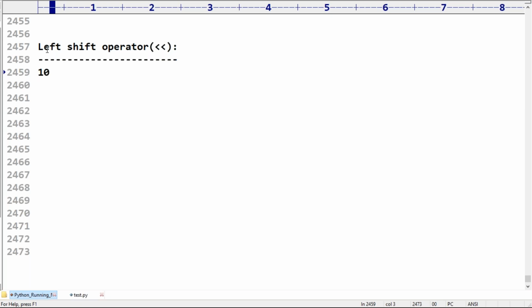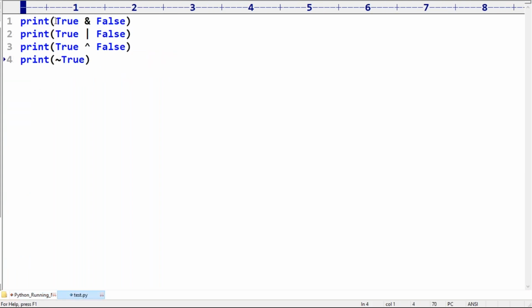Suppose 10 is there, can you please left shift it by 2 bits? This is my doubt. Now, how do we represent 10 in memory? This is very important. Just now I told you how many bits are reserved for 10. Have you remembered?